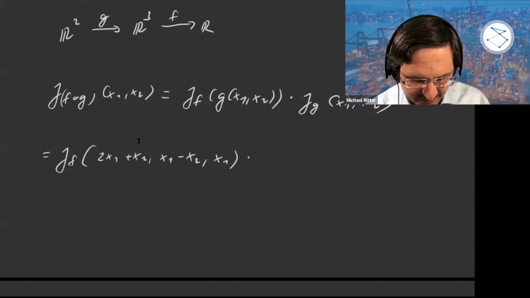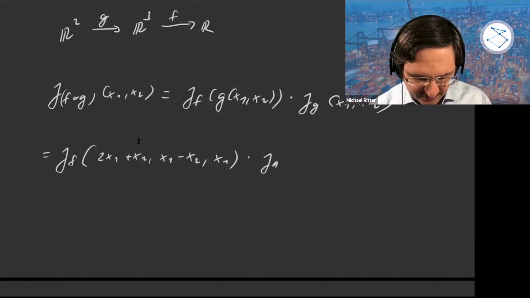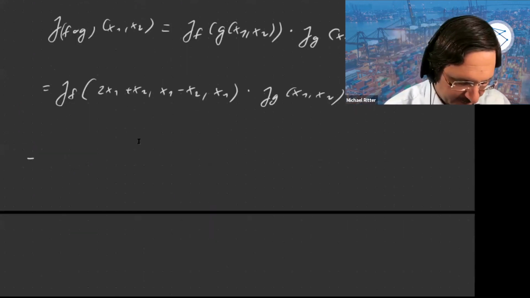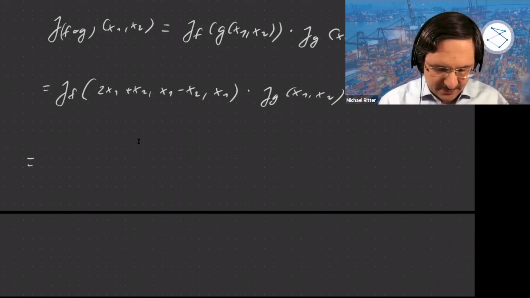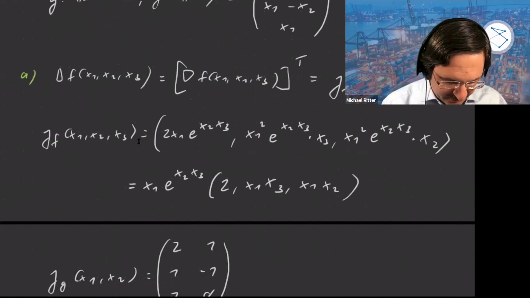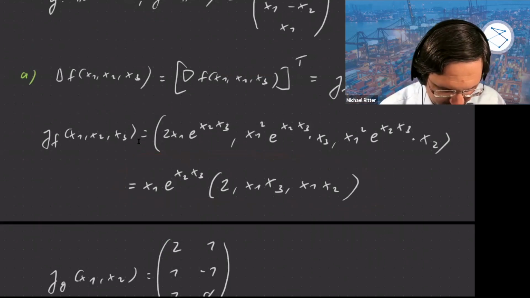And you remember that Jg is simply a matrix. I'll write it down in the next step. Let's first take care of this Jf here. We computed Jf up here. This was the expression for Jf. Let me just copy that.